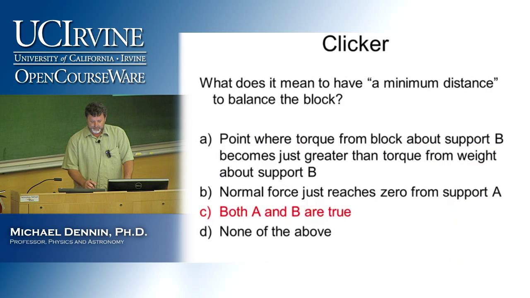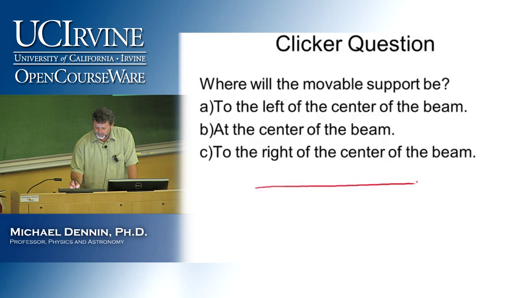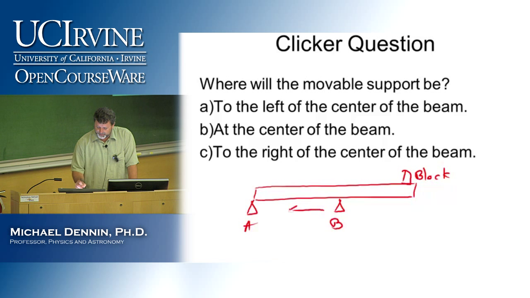Now, so there's that, both A and B. The other question, and hopefully you've seen it there in the visual now. Remember, this problem is about, here's support A, here's the block, and here's support B that I'm going to be moving all along here.